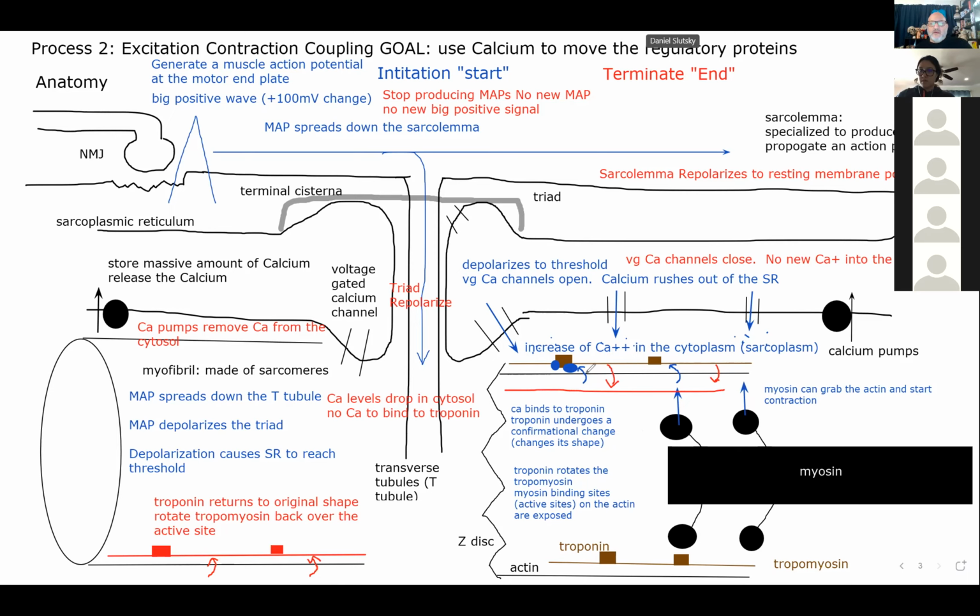When the tropomyosin rotates back over the active site of the actin, then myosin can no longer bind to the actin. And when that happens, our muscle relaxes.